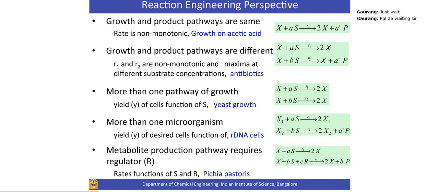And we could have situations where either the rate of the single reaction or the rates of these two different reactions are controlled by this nutrient level, namely S, in the manner which I described previously. And this is what makes the design important. Because if we don't control it, we may get neither cells nor product, or here we may get either cells or product, but that is unlikely to happen. And there are various other scenarios possible.